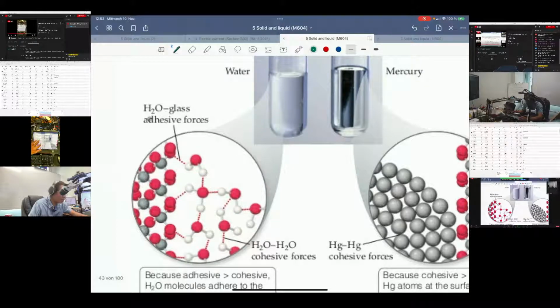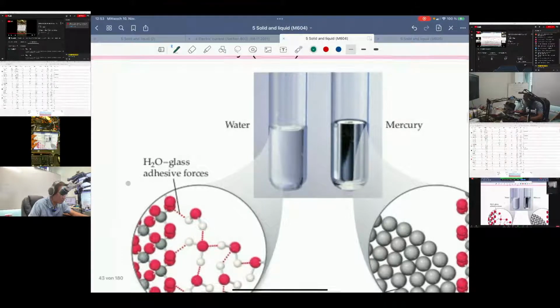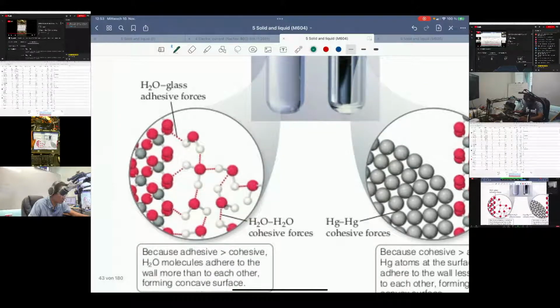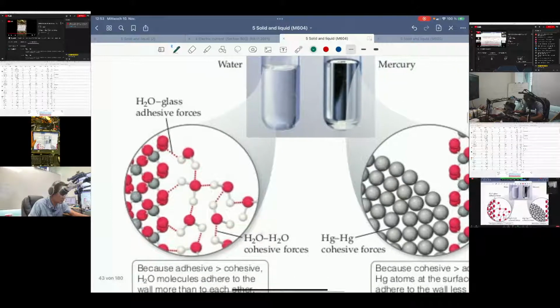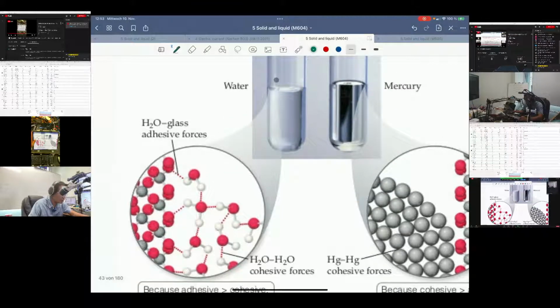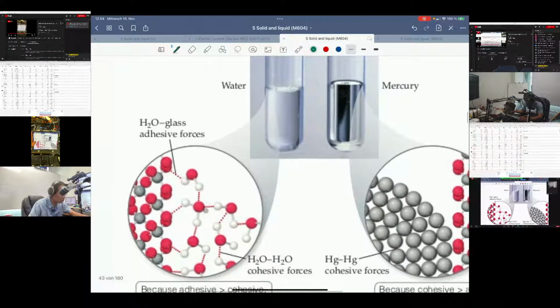And okay, in order to explain what happens in nature, we will consider 2 kinds of force. The first one is the adhesive force, and the second one is the cohesive force. Okay, if we zoom into the molecules in between here, between the wall of this tube and the water, which is composed of H2O, right?